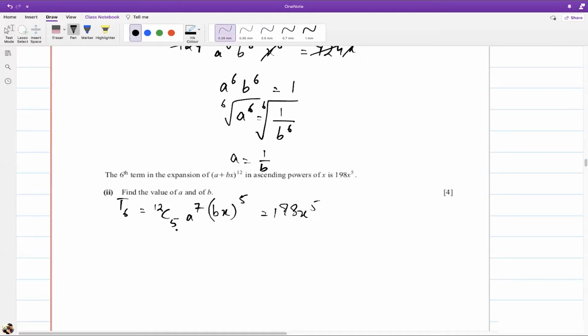We get 792. This cancels out and you're left with a power 7 equals 198 b power 5 भी कर लें over 792.